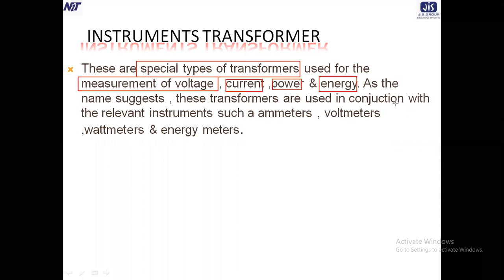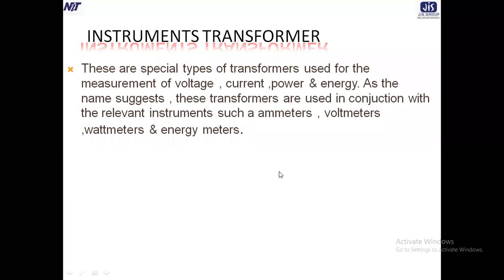As the name suggests, these transformers are used in conjunction with the relevant instruments such as ammeters, voltmeters, wattmeters, and energy meters. So it's a very brief idea about the instrument transformer.